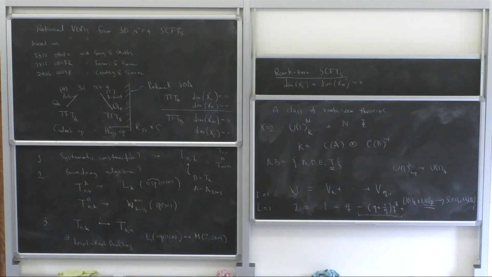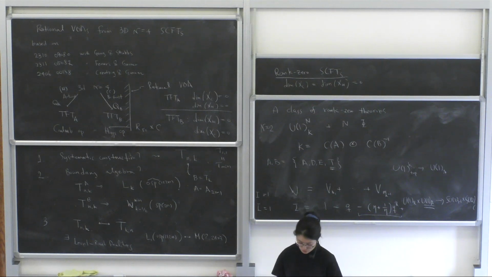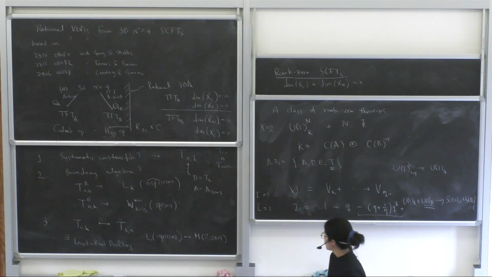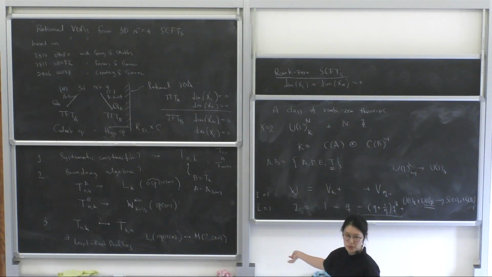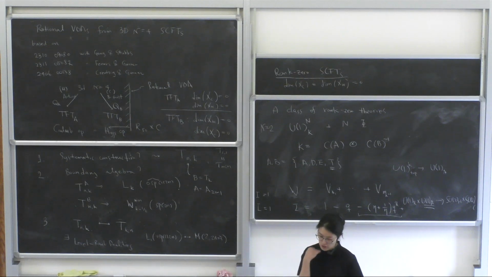Yeah, we know what they are. They actually play an important role later, because we want to do some topological twist of the theory, and it's in general difficult to do the topological twist when we don't have a Lagrangian description, and that monopole operator will actually play an important role when we do this analysis.